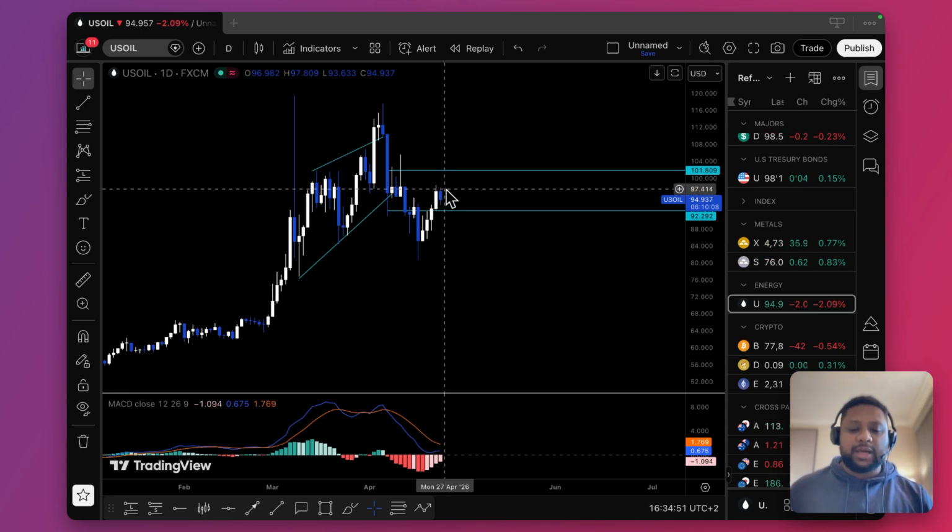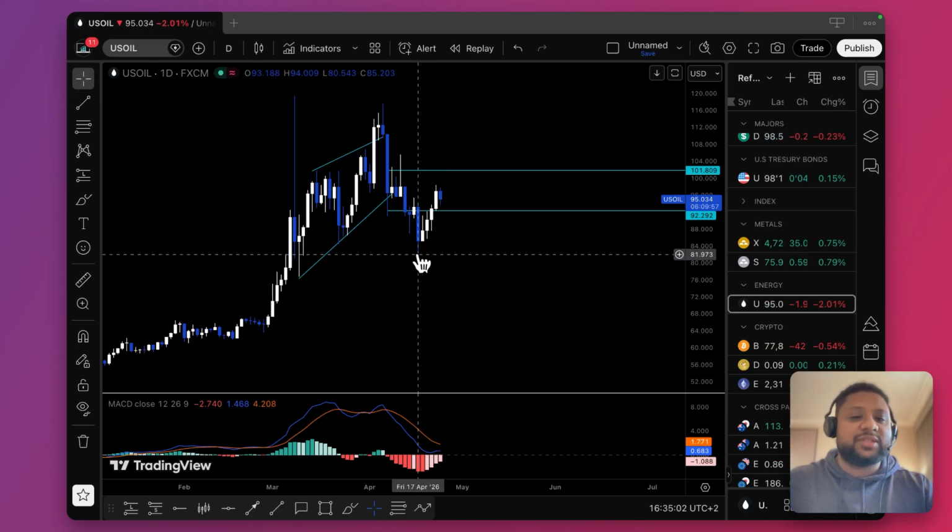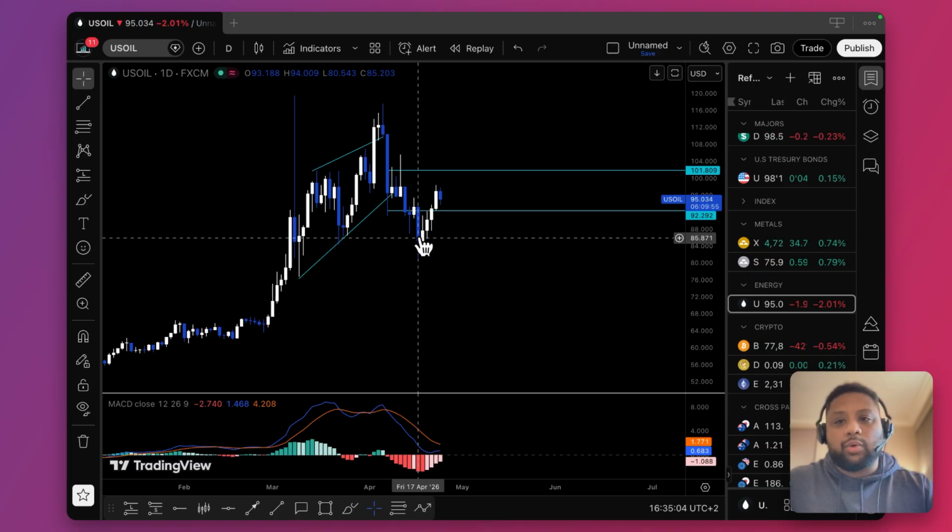Obviously, we understand the effects that the Strait of Hormuz has and how that ultimately affects the price of oil. Oil came down on the 17th of April, where it saw a low of $80.50 a barrel.